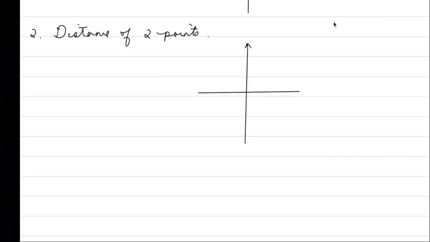If we have a straight line and 2 points on it, how do we find the length of the line segment between these 2 points?